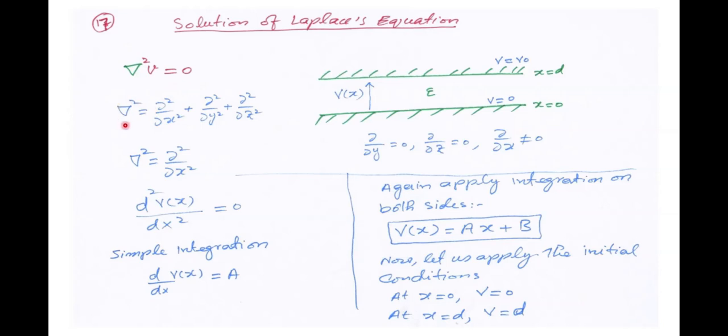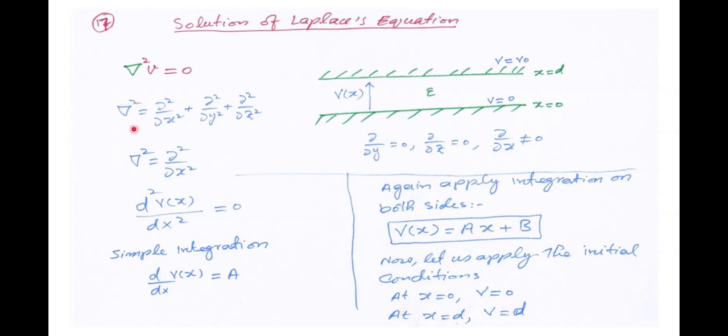In rectangular coordinate system, the Laplacian operator is equal to partial square by partial x square plus partial square by partial y square plus partial square by partial z square. As there is no variation in potential function along the y-axis and z-axis, these two variations are zero in the given structure. But there does exist variation along the x-axis, so partial by partial x is not equal to 0.